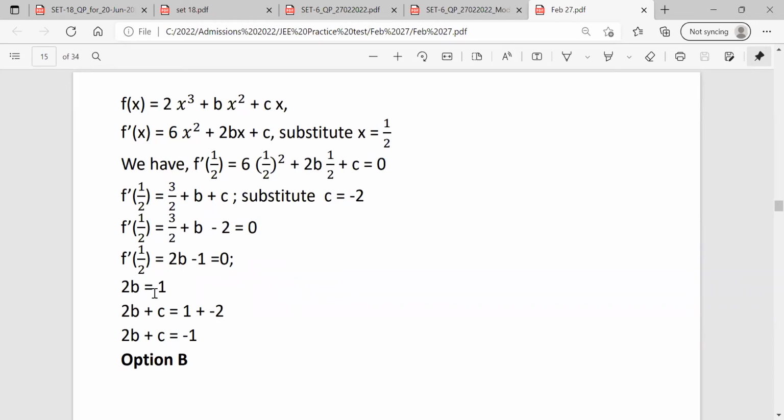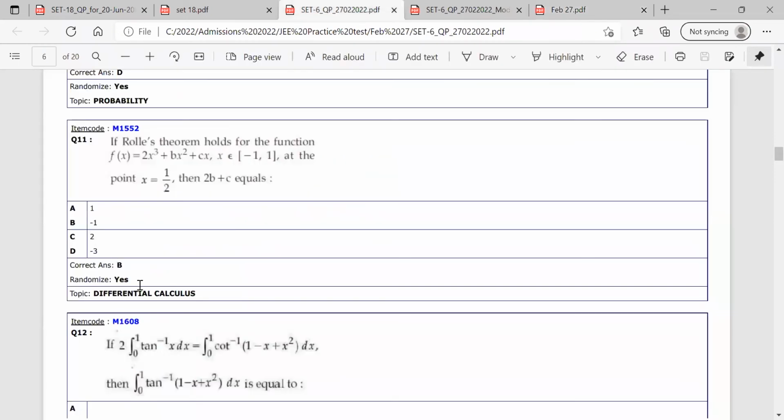So 2b is 1 and c is minus 2, so after solving, the value is minus 1. We just used two conditions to find b and c, substituted, and got the answer. So the correct answer for this question is option B.